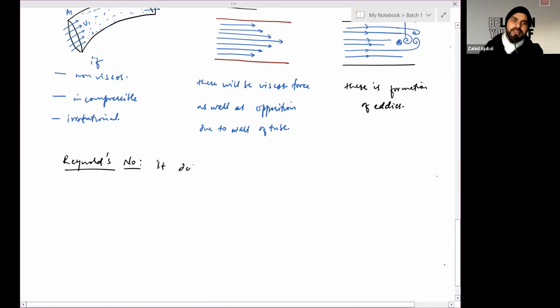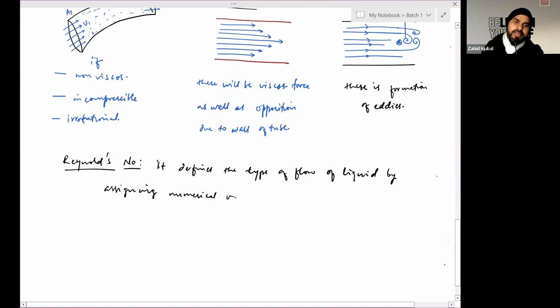It defines the type of flow of liquid by assigning a numerical value which depends upon some factors.